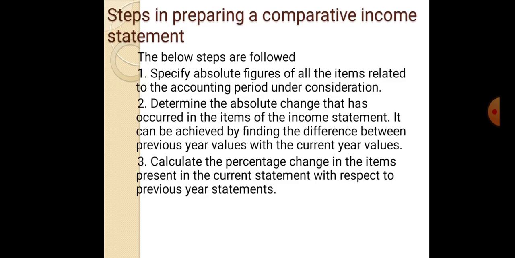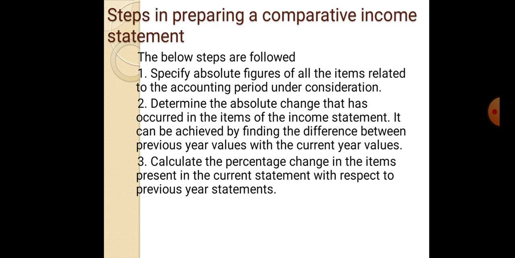So what are all the steps involved in preparing a comparative income statement? First one is specify absolute figures of all the items related to the accounting period under consideration. Second point is determine the absolute change that has occurred in the items of the income statement.